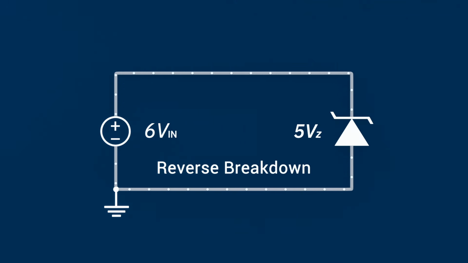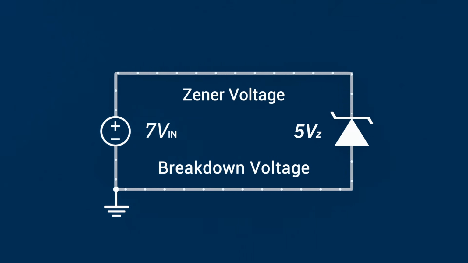This point is known as the breakdown voltage, or more specifically, the Zener voltage. Once the diode reaches this region, the reverse current increases sharply, but the voltage across the Zener diode remains nearly constant. That ability to maintain a fixed voltage, even as current varies, is exactly what makes Zener diodes useful as voltage regulators and voltage reference devices.